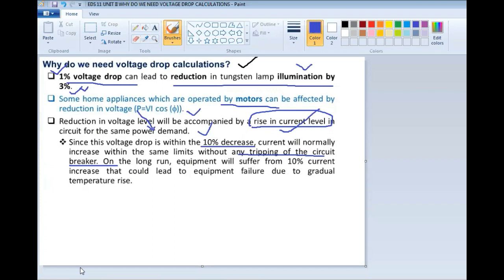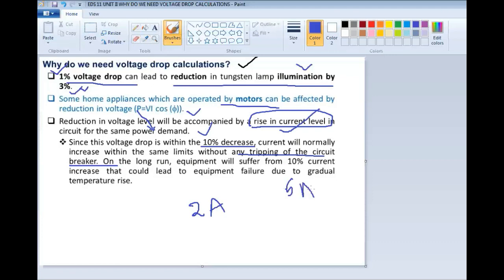in the circuit current. Suppose a particular equipment has a rated current of 2 amperes, and the circuit breaker can trip at 5 amperes, let it be.